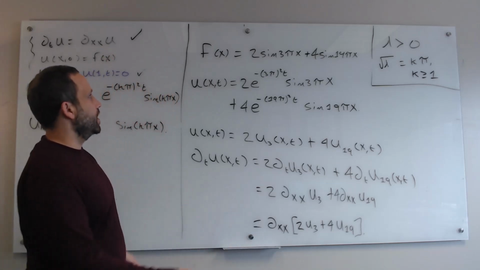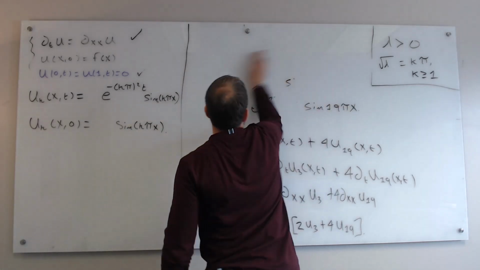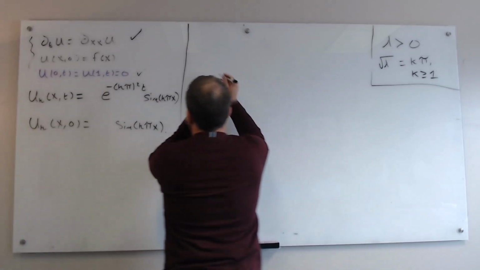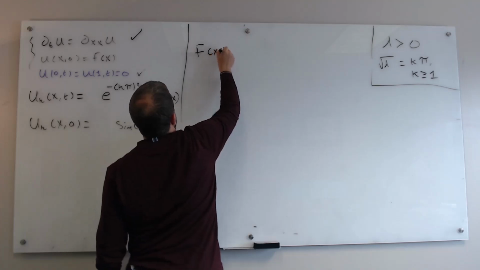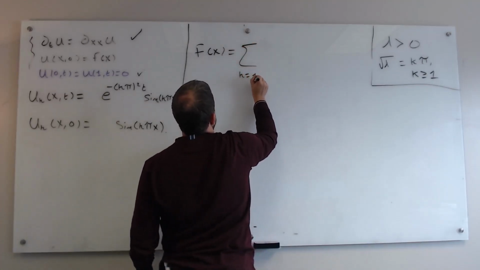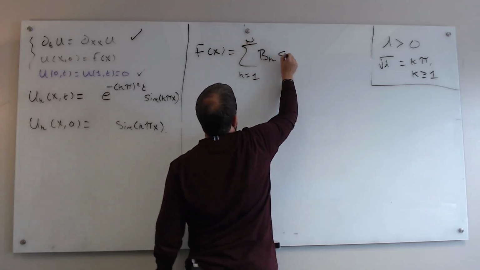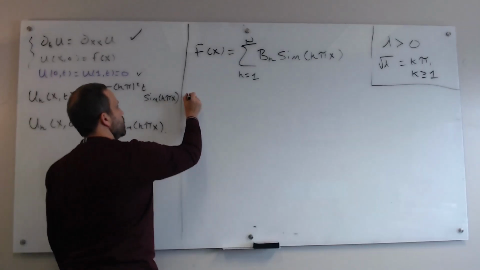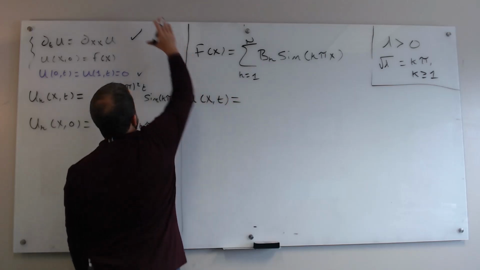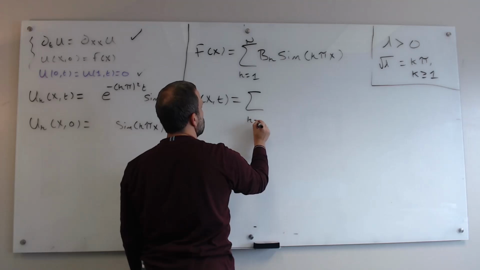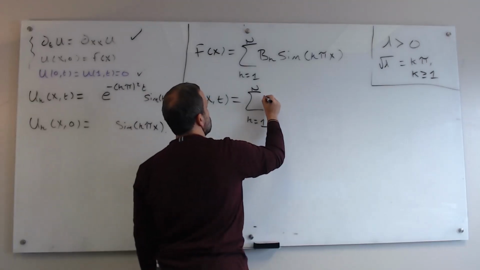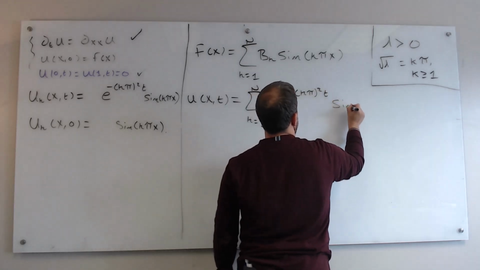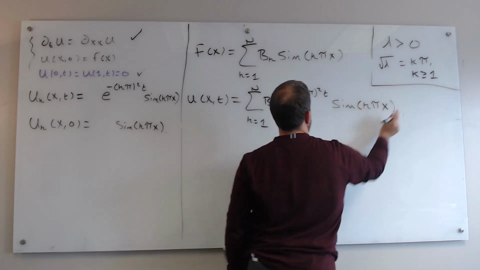Okay, well, in general then, if you know that f of x is equal to the sum k equals 1 to n of bk sine of k pi x, then you know that u of x,t, the solution to this problem right here, is going to be the sum k equals 1 to n of bk e to the minus k pi squared t sine of k pi x.